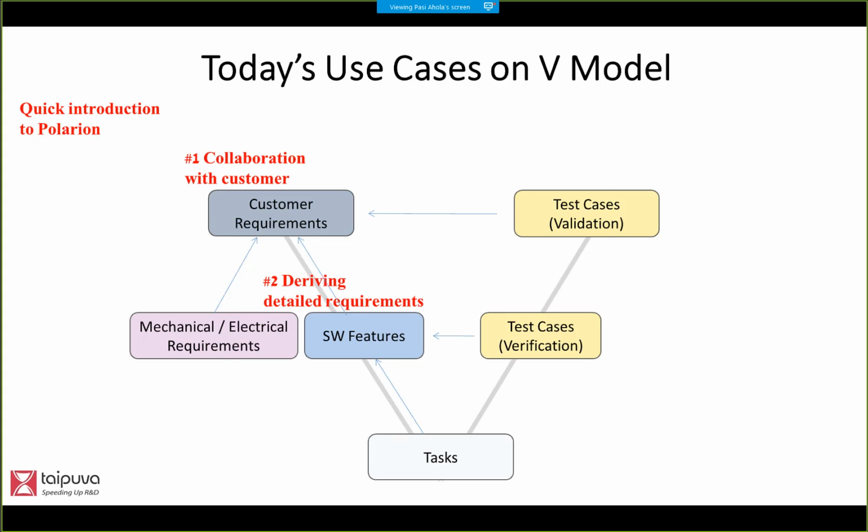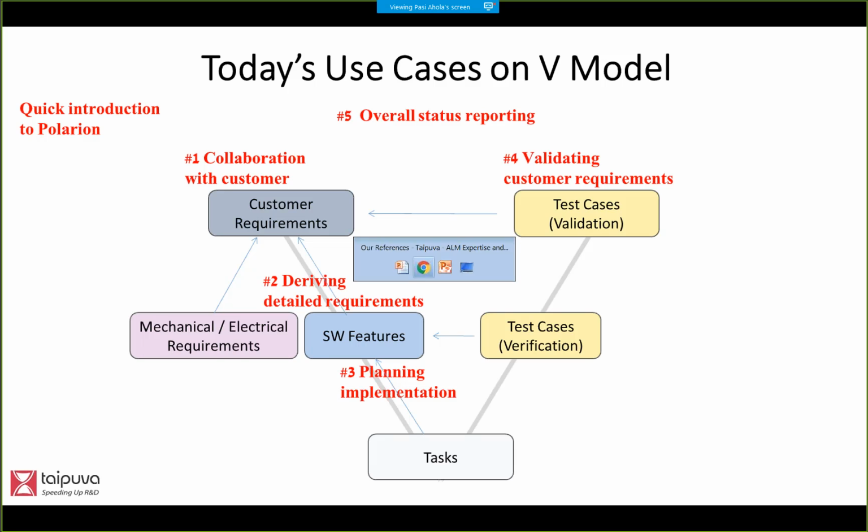Then derive some more detailed requirements out of those, meaning software features in this case, planning them into some plans for implementation, looking at how to do some quality assurance actions to validate customer requirements, and then finally getting the overall reporting visibility on all of these things.